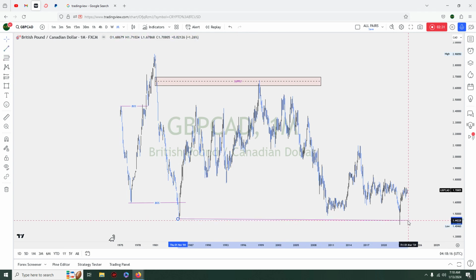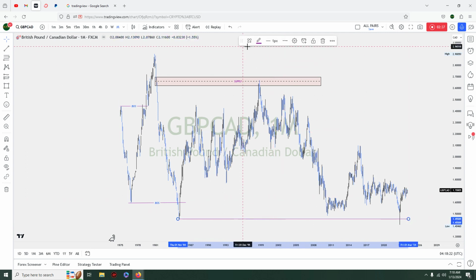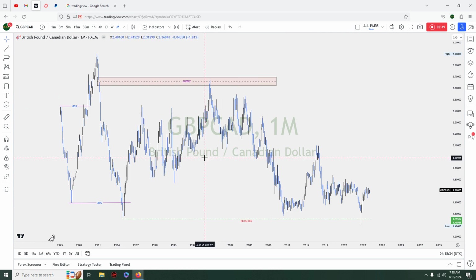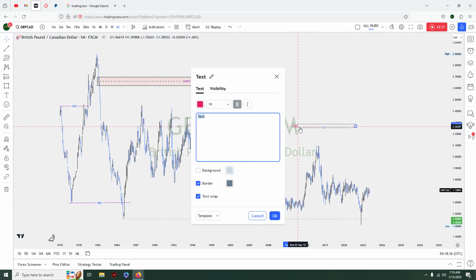Let me just mark this properly. Good. So let me call this a targeted region, because on the monthly time frame we do not have a clear break of structure. All that we have is, it looks like a liquidity grab, but you're seeing it never broke this high. It's pushing towards this low. So we can now do our notes on the monthly charts.